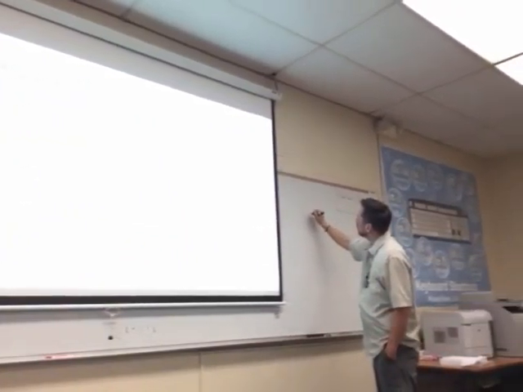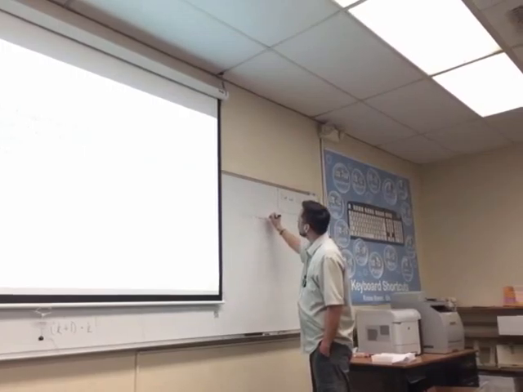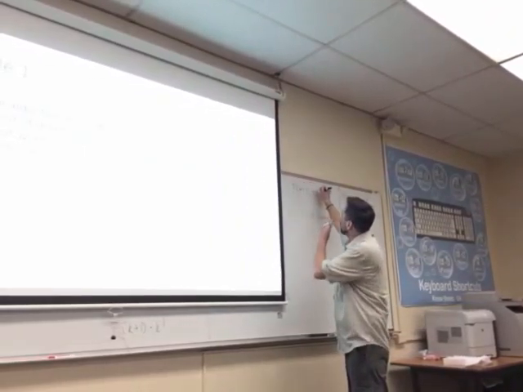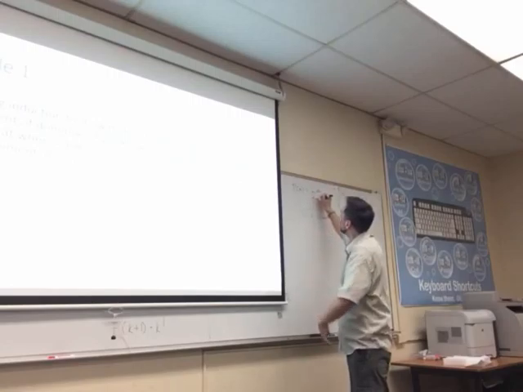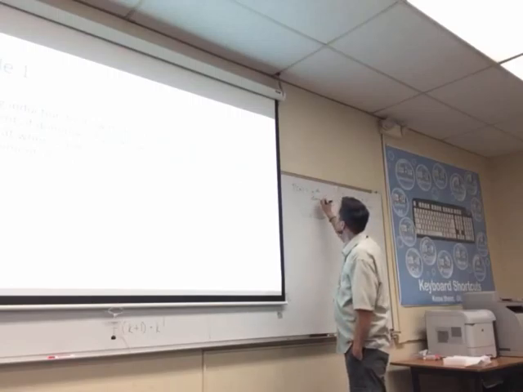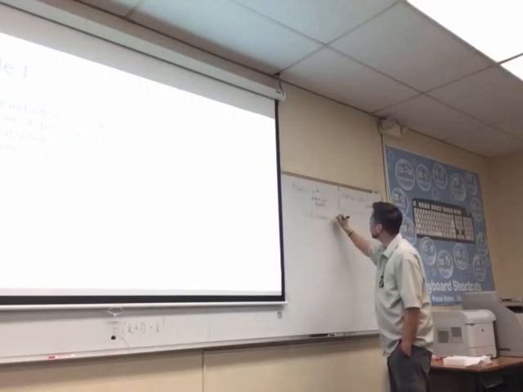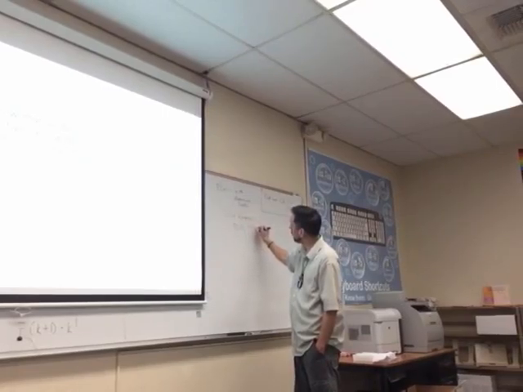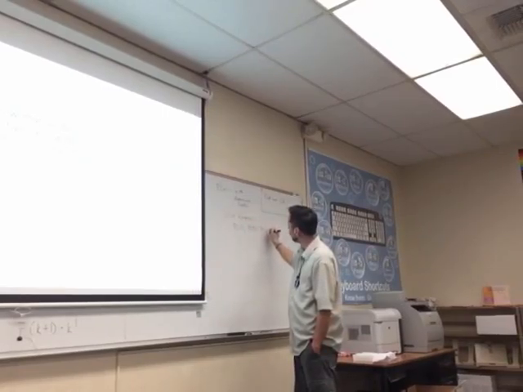Make the statement P of n be the nth domino falls. We know P of 1, P of 2, and P of 3 are all true.